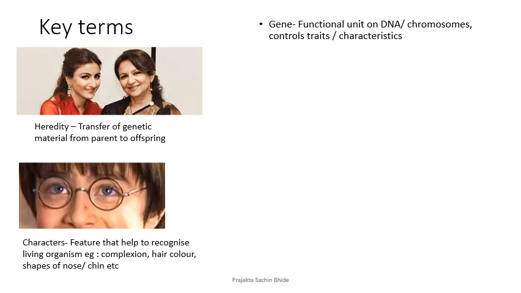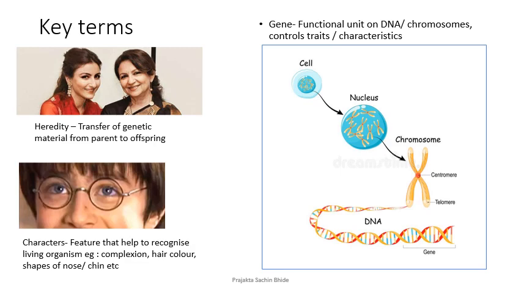Let's understand all these characters. All this transfer of genetic material is because of a small functional unit present on our DNA, on our chromosomes, that controls all these traits and characteristics. That unit is called a gene. Let's see where this gene actually lies. If you follow my cursor, you will see that it goes from a cell which has a nucleus.